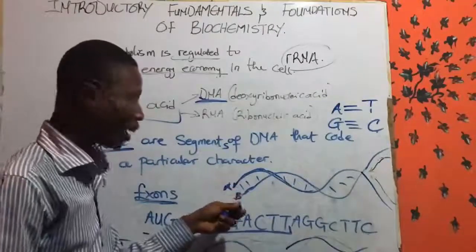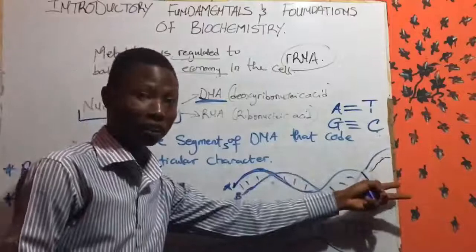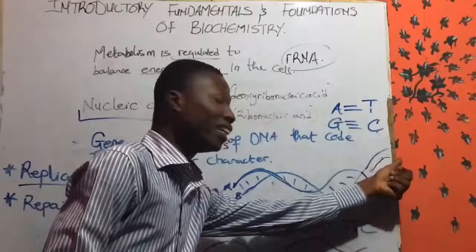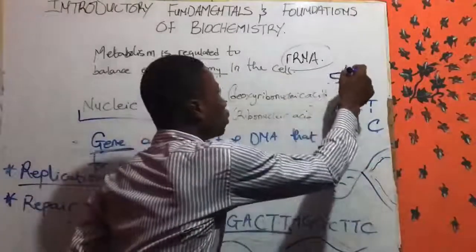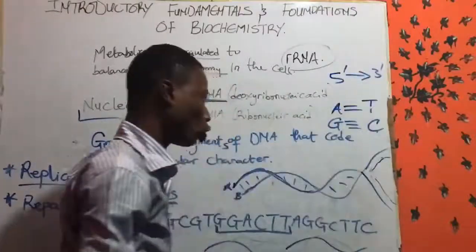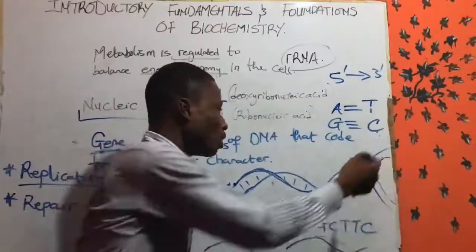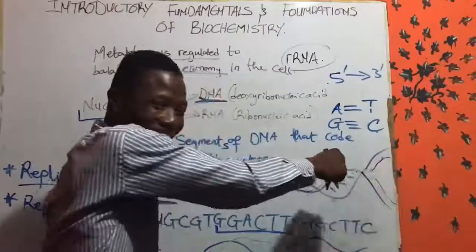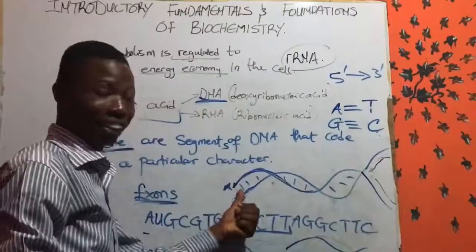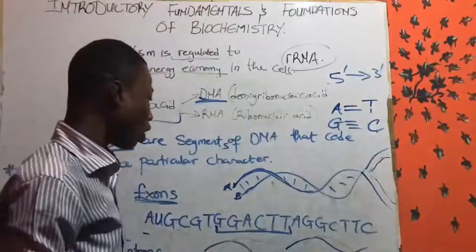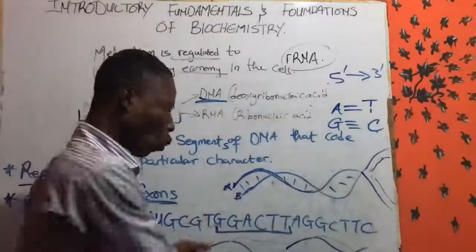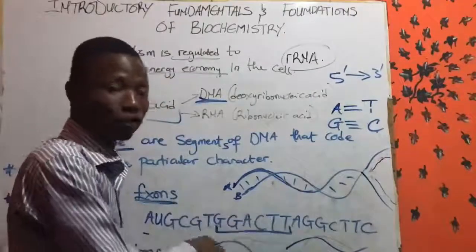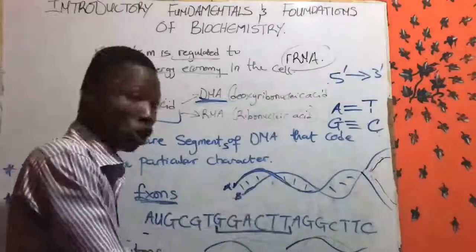From the open end of this nucleic acid, in the 5' to 3' direction, replication can occur such that the cell will produce a copy of a complementary strand of each strand in your previous DNA. So at the end of the day, you are going to have two DNA molecules, each with one old strand and a new complementary strand. The complementary strand will now be the new or nascent strand.